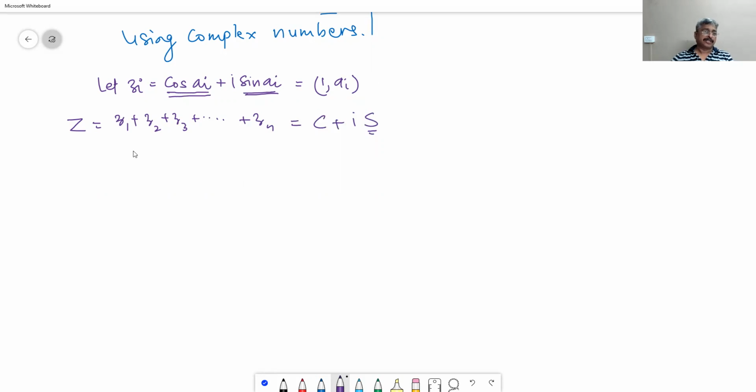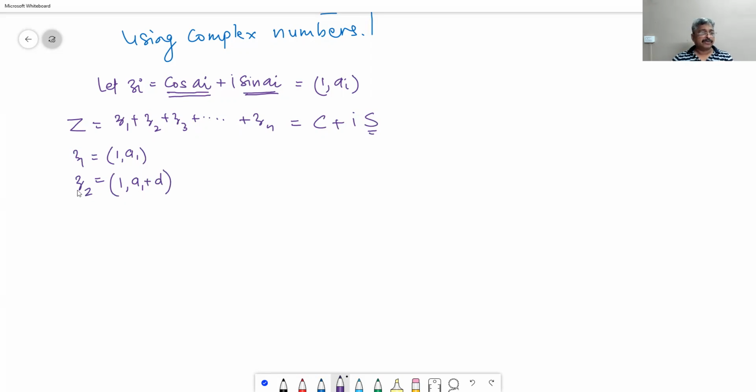So let us try to understand this. Let the first term be a1. Then Z1 is (1, a1). Z2 is (1, a2), but angles are in arithmetic progression, therefore it is (1, a1 plus d), where d is the common difference.